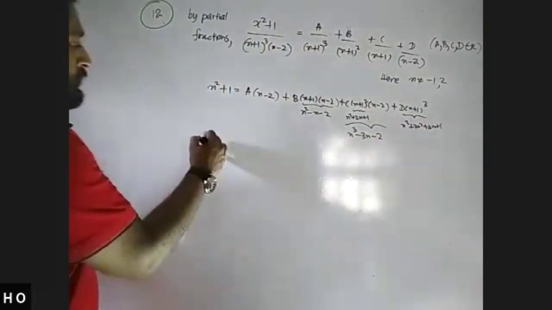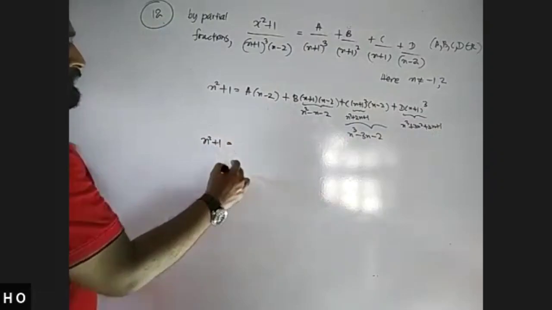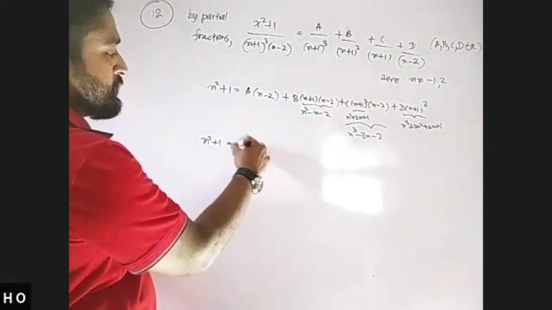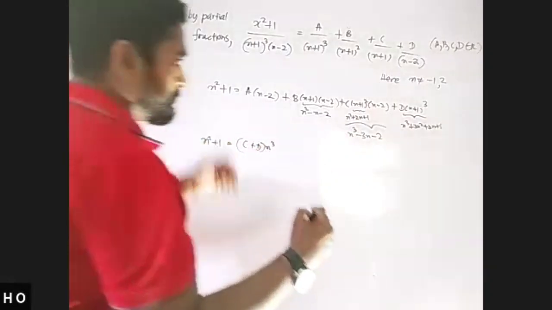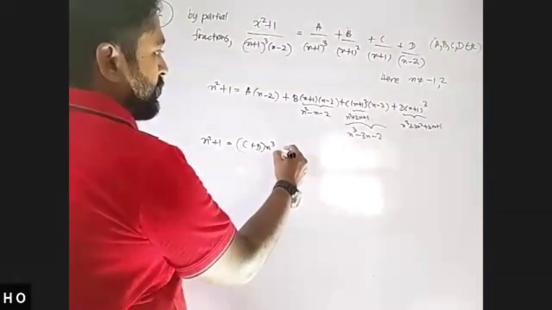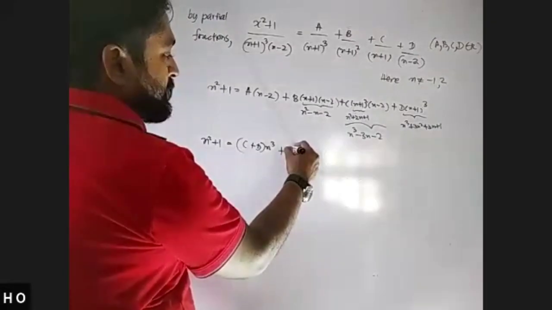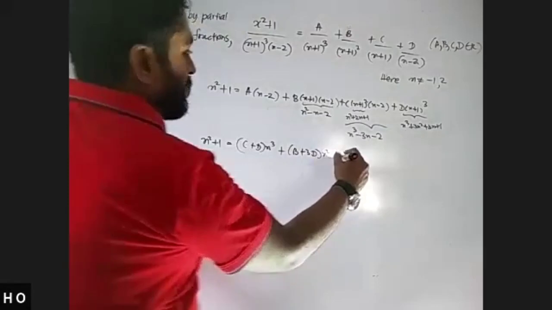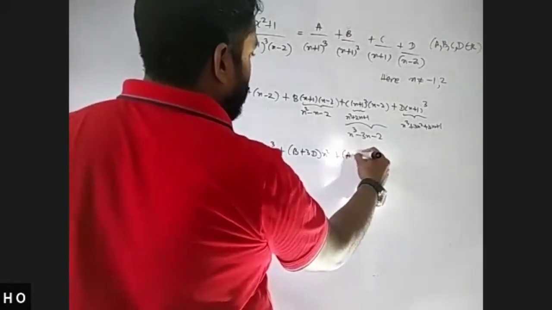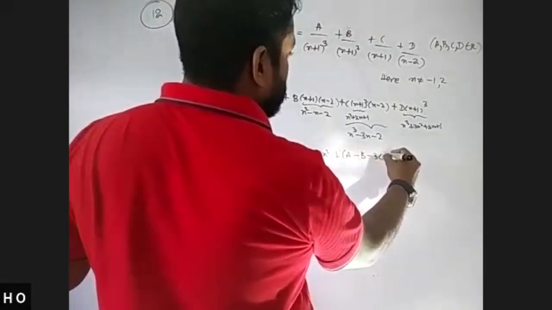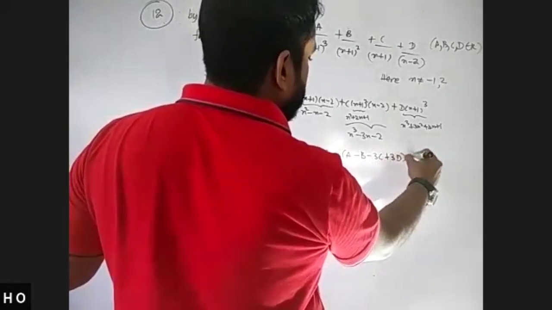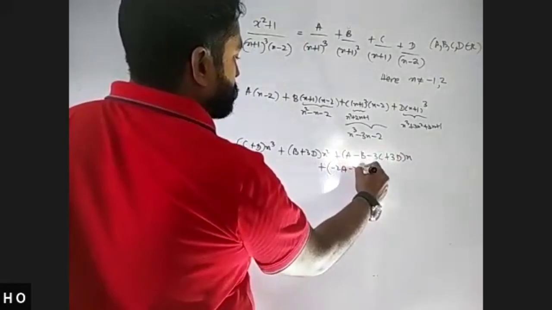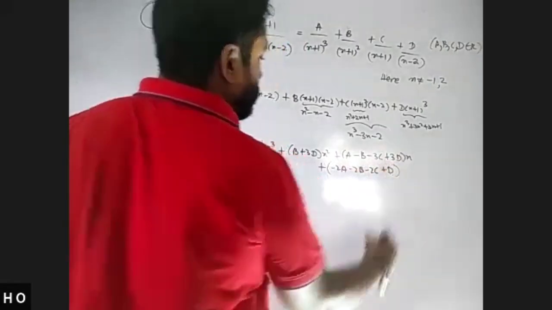So x squared plus 1 equals (C plus D) x cubed plus (B plus 3D) x squared plus (A minus B minus 3C plus 3D) x, then constants: minus 2A minus 2B minus 2C plus D.